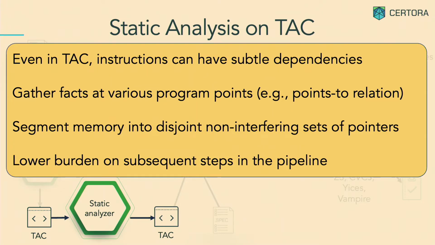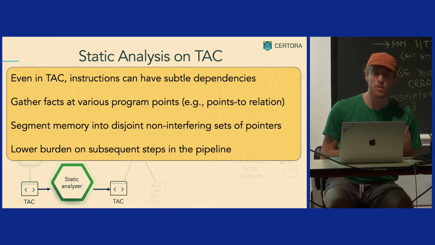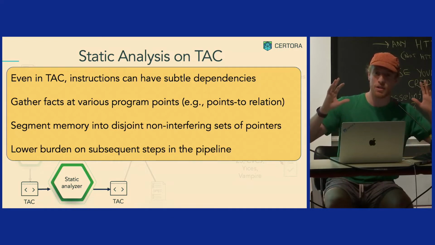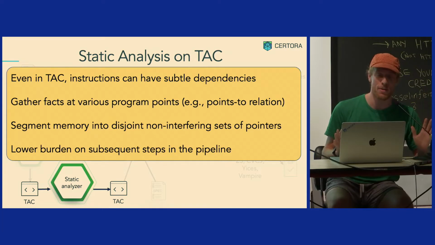So after we've translated into our intermediate representation, then we want to do a lot of things to make the job of the solver easier. What's really cool about solvers is they're big, general purpose. They can reason about a lot of things. They're really clever. They're really smart.